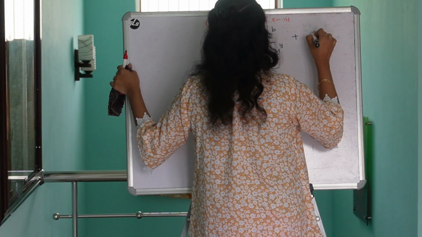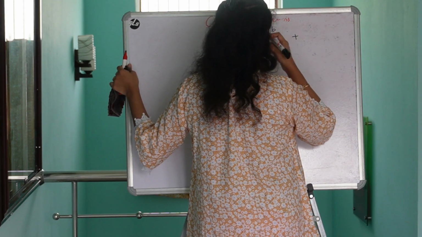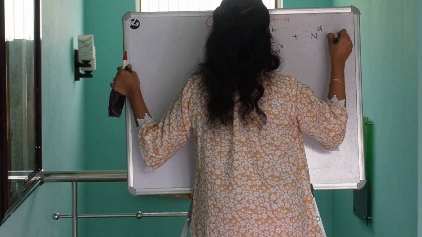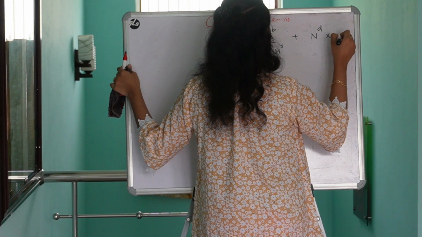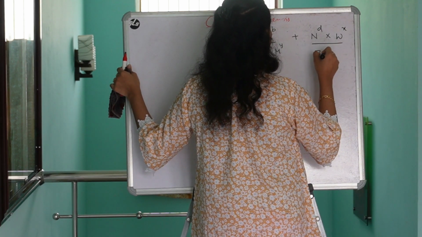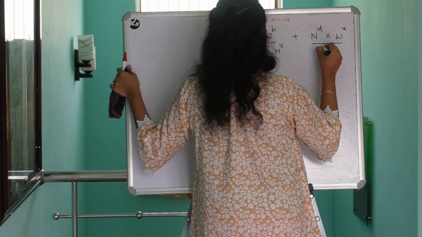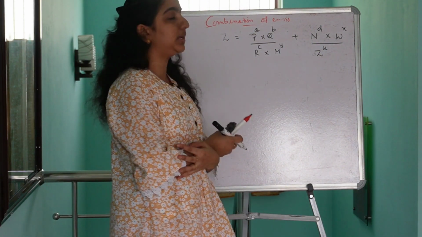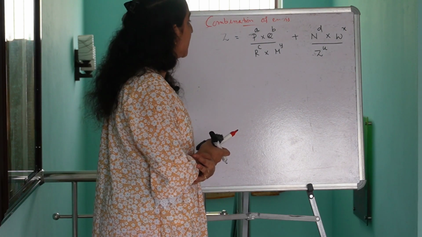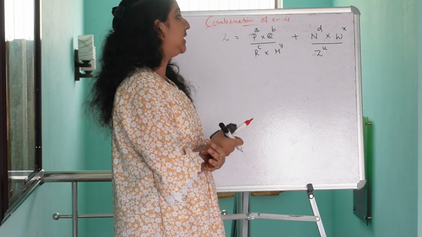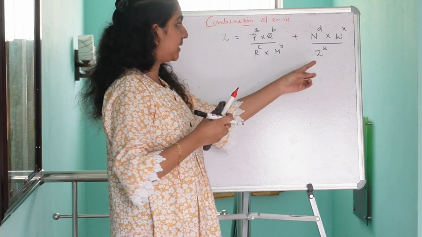The next term is N power D, W power X divided by Z power U. So you are given Z is equal to P power A into Q power B divided by R power C into M power Y plus N power D into W power X divided by Z power U.